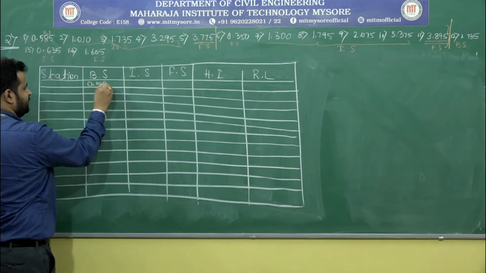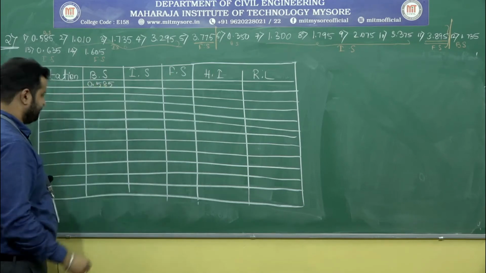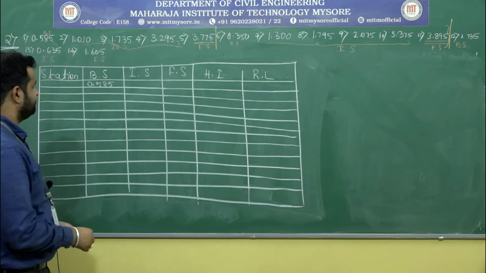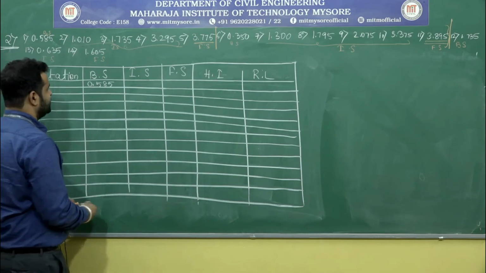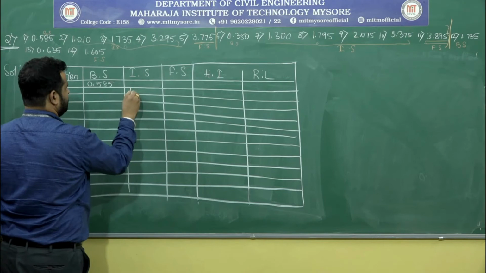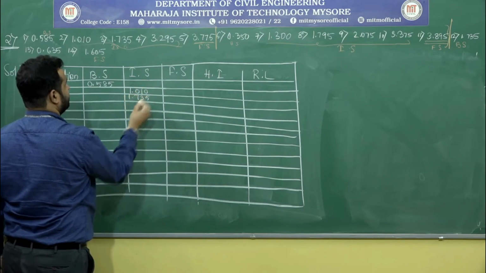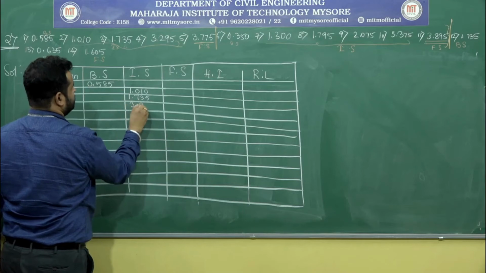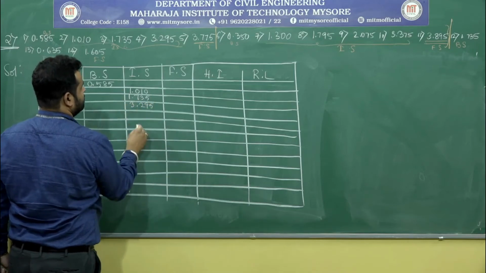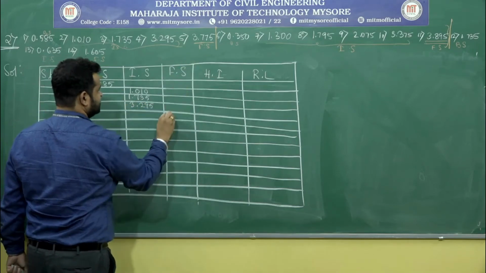Backside is 0.585 and the next reading is IS 1.010, 1.735, 3.295 and this is foresight.